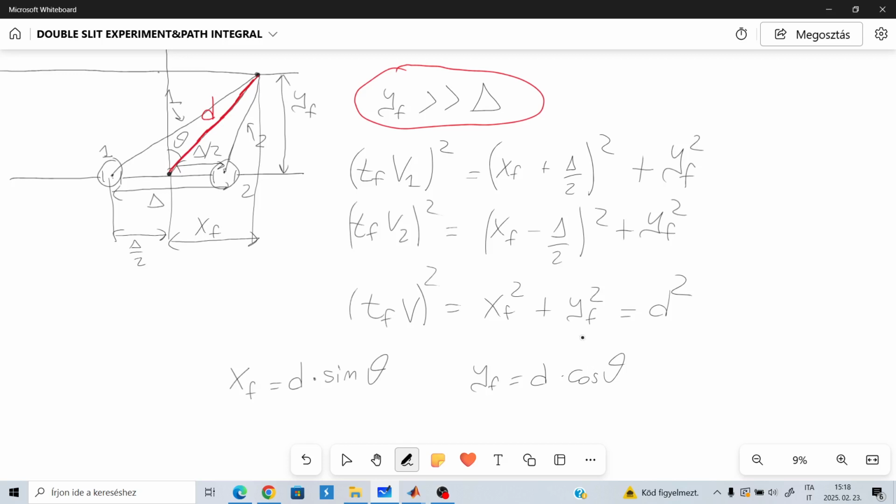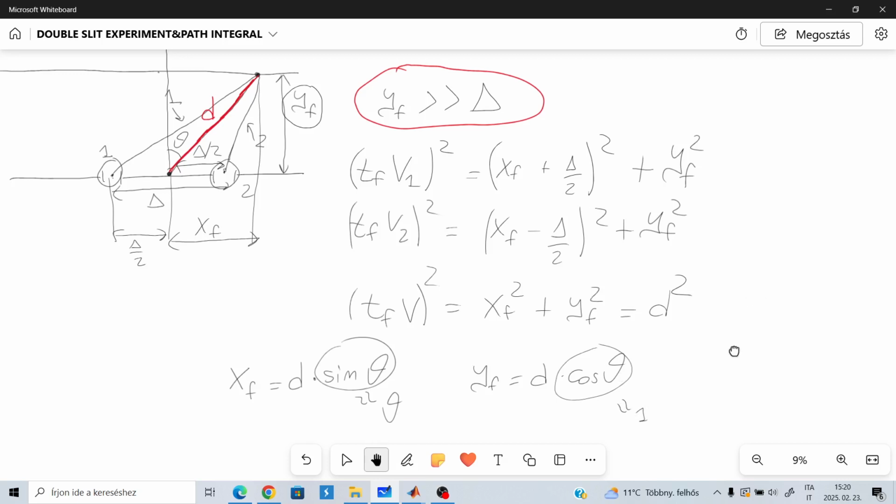Now, if this angle theta here is small, and this would be the case if yf is very large, because if yf is very large, if we keep xf fixed, of course theta has to decrease. So if theta is quite small, the sine would be approximately equal to the angle theta, and of course the cosine would be approximately equal to 1 up to first order.